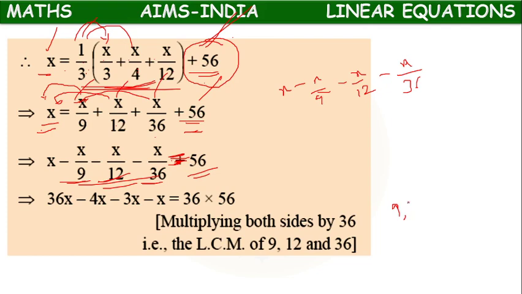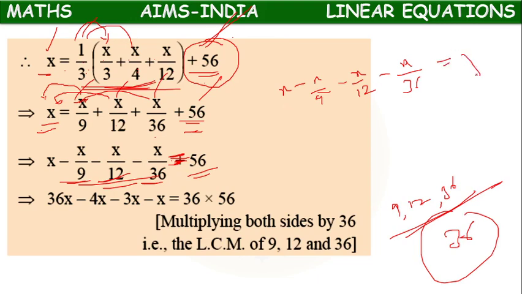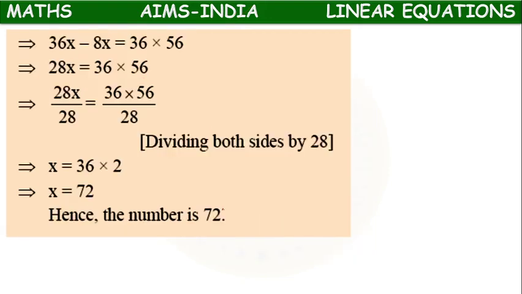The LCM of 9, 12 and 36 is 36. So we can multiply all the terms of the equation on both sides with the LCM. 36 into x is 36x. 36 into x by 9: 9 fours are 36, so 4x. 36 into x by 12: 12 threes are 36, so 3x. 36 into x by 36 cancels, leaving x. And 36 into 56 on the right.